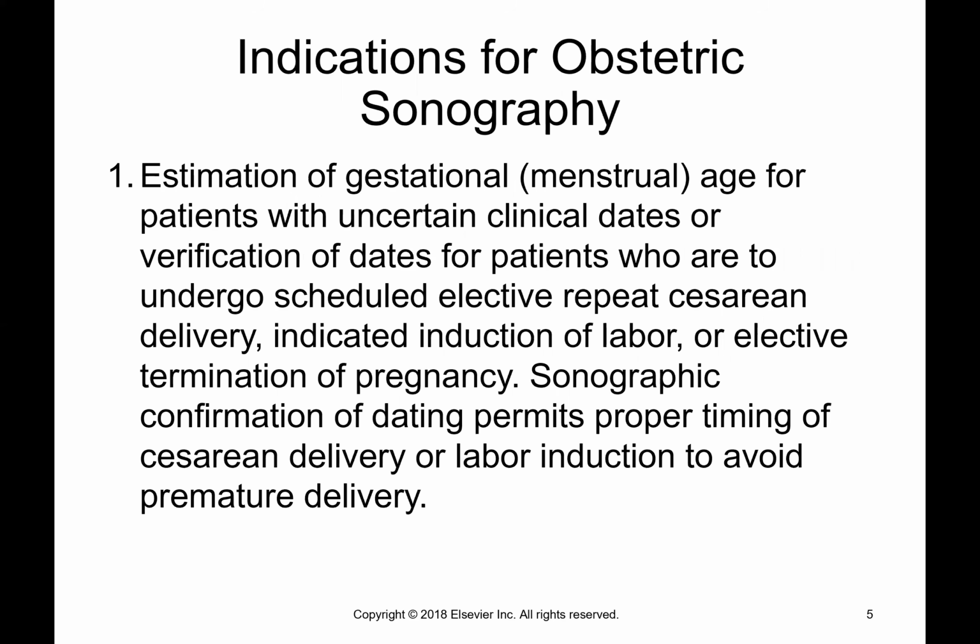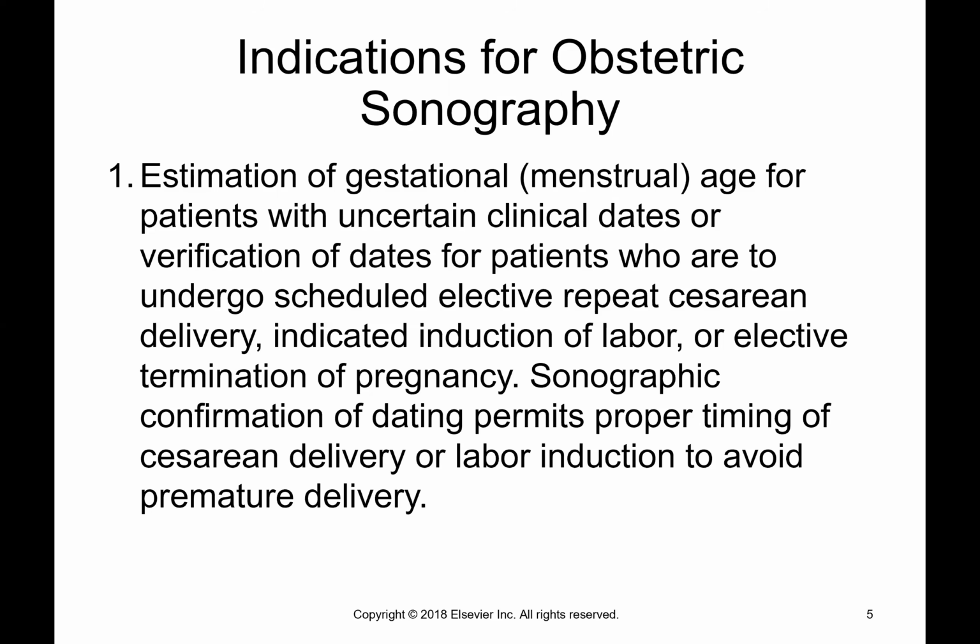Multiple indications are used for obstetric sonography. The first one, probably the earliest indication, is to estimate the gestational age. Usually, if a patient does not have late prenatal care and comes in on time for their scans, they'll come in to the doctor around 8 weeks, and the doctor usually wants to scan to make sure that the fetus is viable, and also to measure the crown rump length, which is the head to the booty of the little baby, to give an estimated date of delivery.